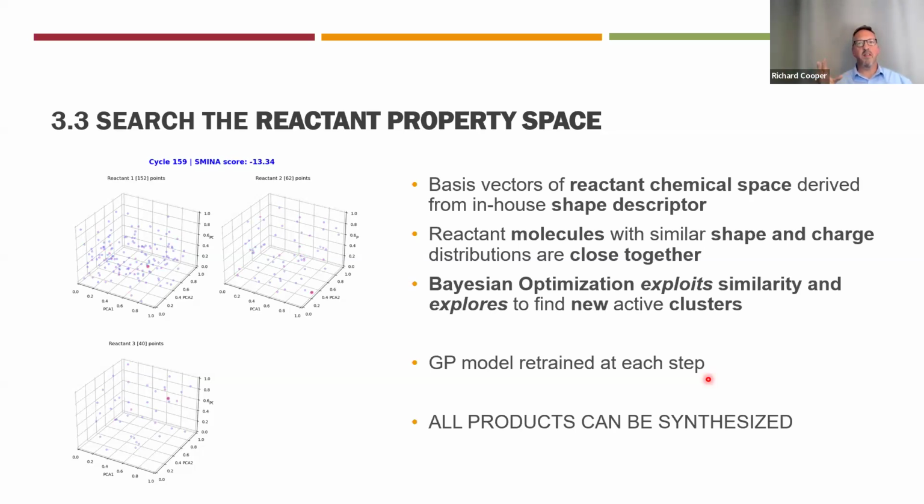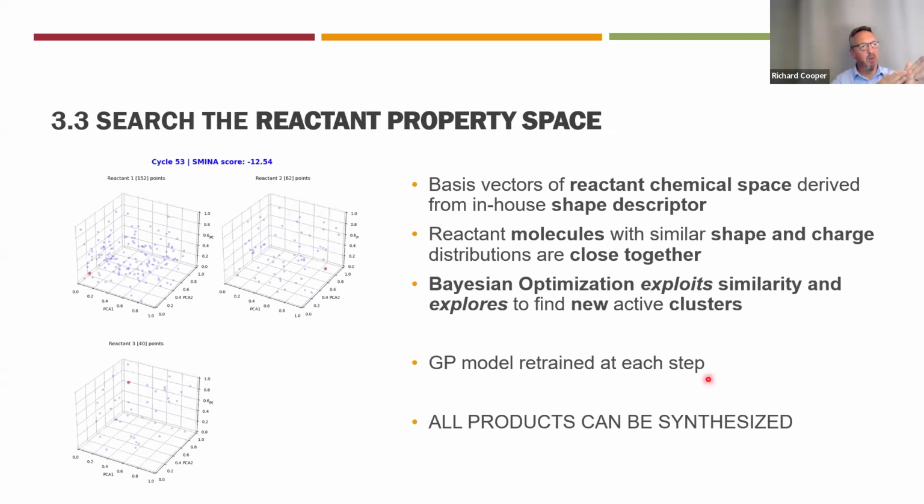The Gaussian process itself is retrained at each step. And so in addition to these molecules having similarity by being close to each other, the Gaussian process can learn about correlations between each of the dimensions, I suppose there's 9 dimensions here in this example.